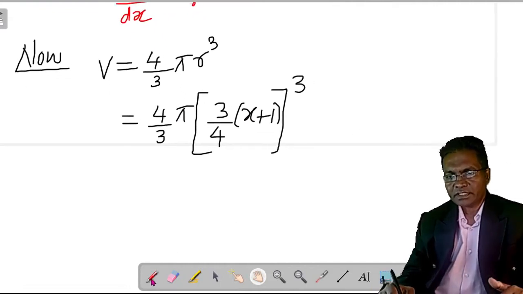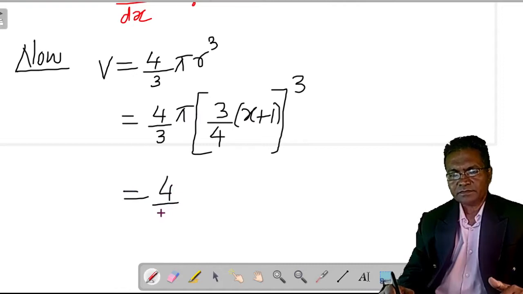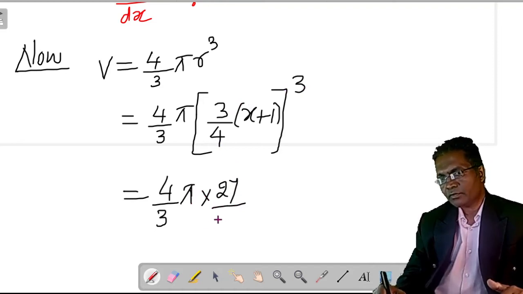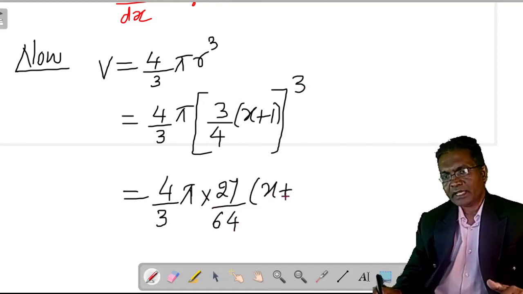Now just simplify further before differentiating: 4 by 3 pi, and 3 cube is 27 by 4 cube is 64, into x plus 1 power 3.